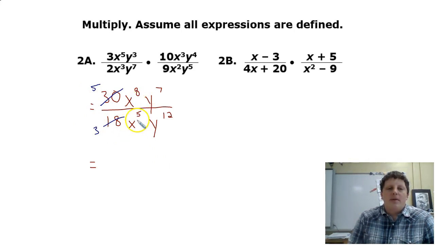With the variables, I'm going to subtract towards the larger number. So 8 minus 5 is 3, and 12 minus 7 is 5, and I'll put it on the side of the fraction bar where the biggest number is. So my final answer is going to be 5 x to the third, because 8 minus 5 is 3, over 3 y to the fifth, because 12 minus 7 is 5.